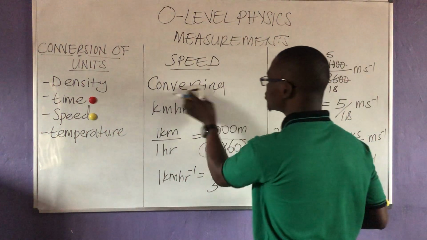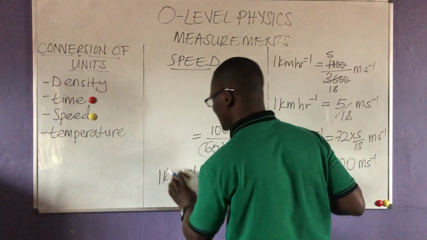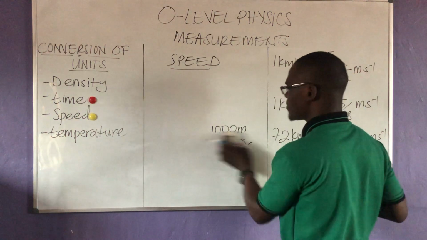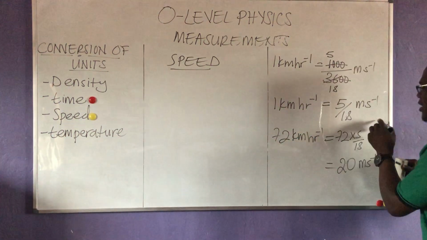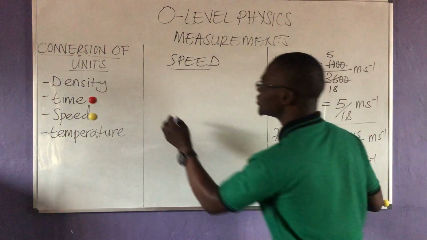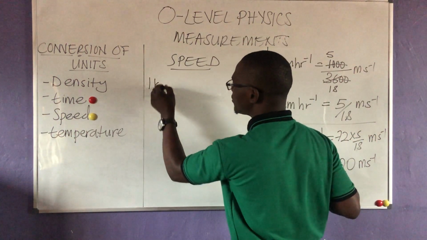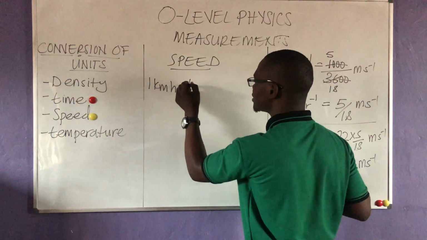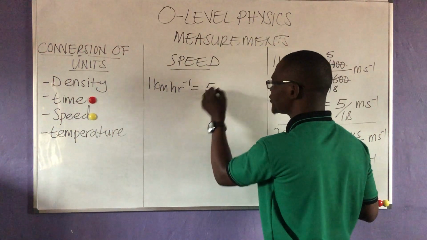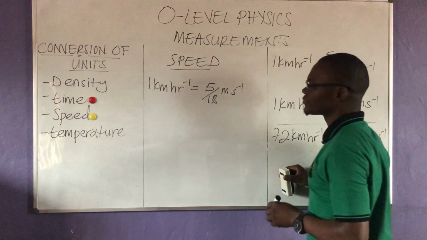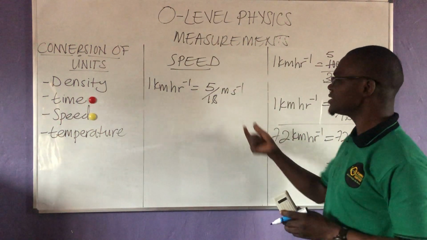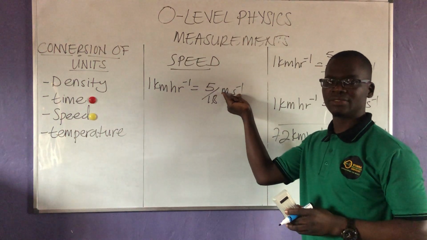Similarly, let us look at how we convert from meter per second back to kilometer per hour. So we shall start from here. We've seen that 1 kilometer per hour is equivalent to 5/18 meter per second. And therefore, let us make this the subject.